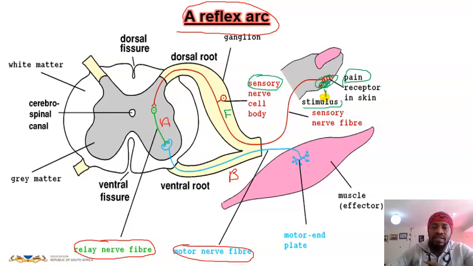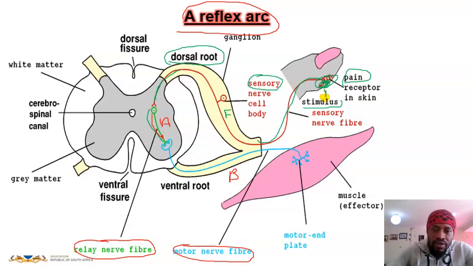The stimulus is then converted to an impulse, and it travels along the sensory neuron, passing through the dorsal root of the spinal cord, where it makes contact with the connector neuron in the spinal cord. The impulse is then transferred from the sensory neuron to the connector neuron.